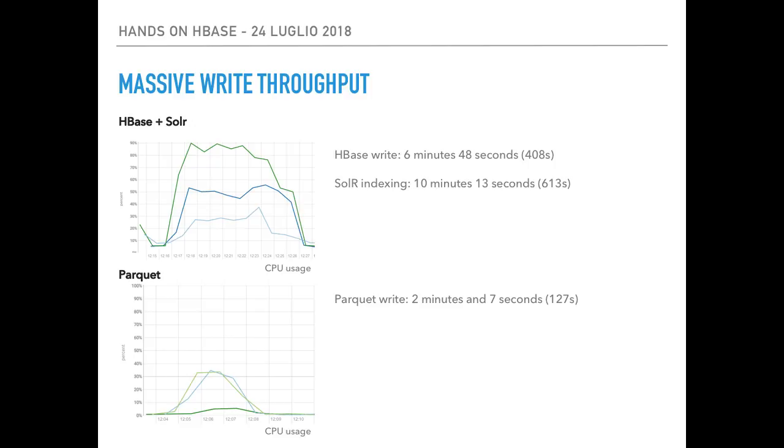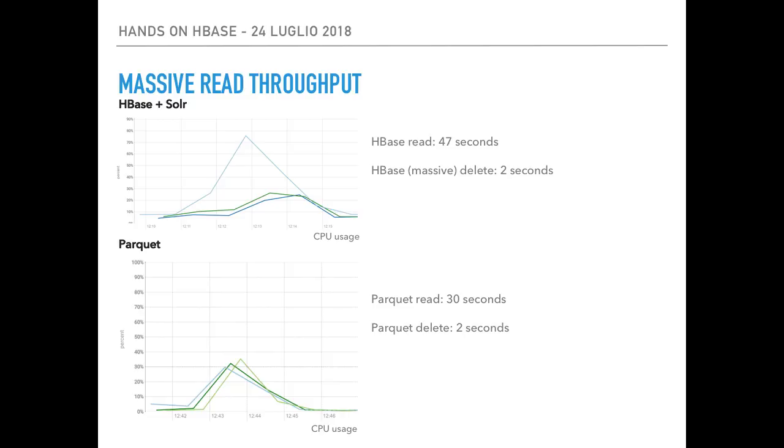So 3 times is not 10 or 100 times. For massive reads, we got even better results, because reading data from HBase took only 30%, 50% more than reading data from Parquet, which is probably the fastest way to read data from HDFS. And the delete times were comparable. Actually, they are the same because we're just deleting files from HDFS, so it's not a costly operation.